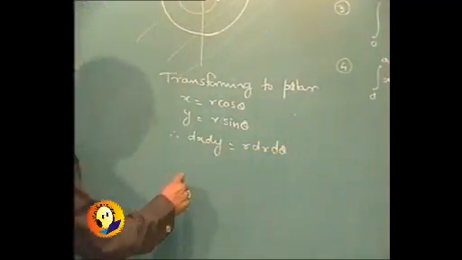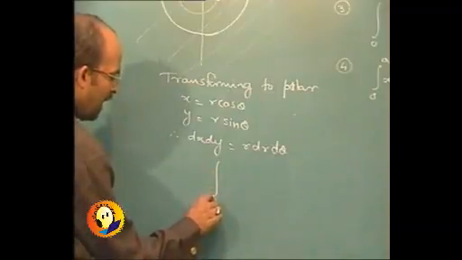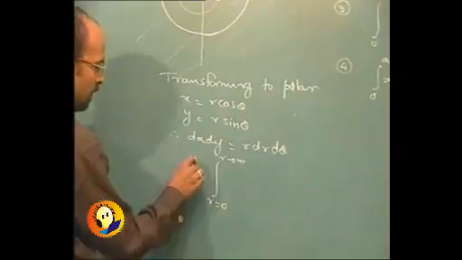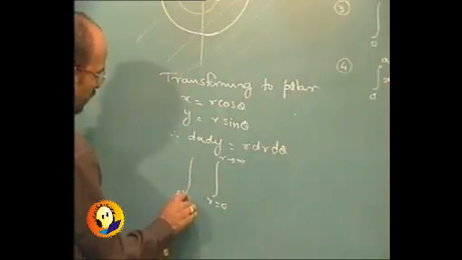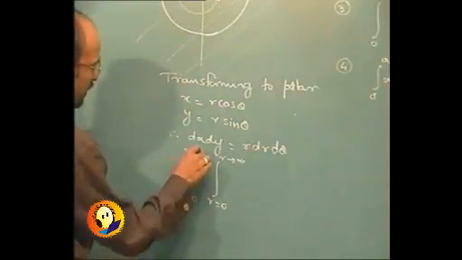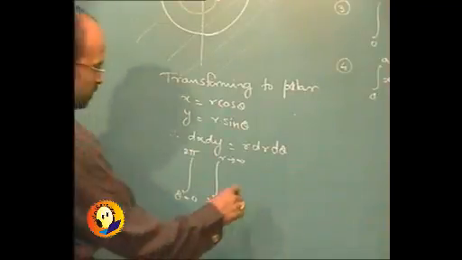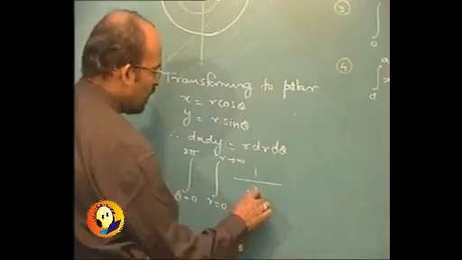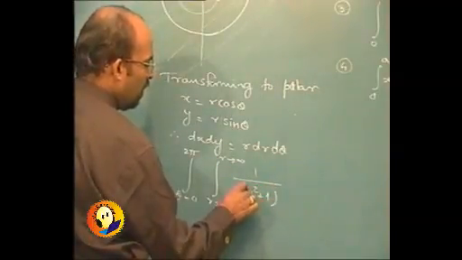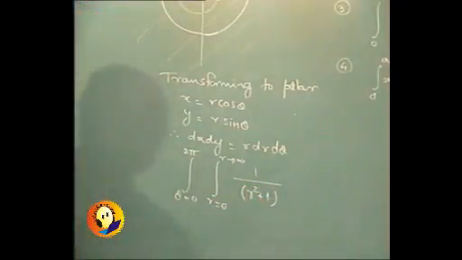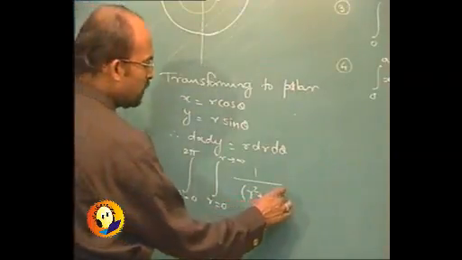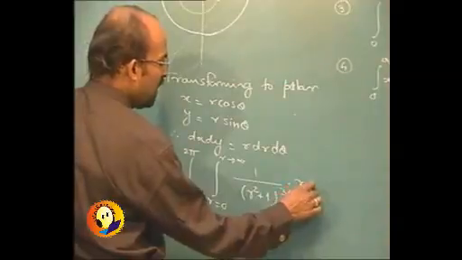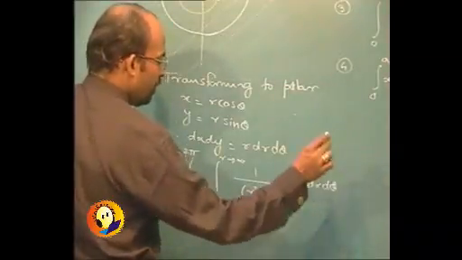The given integral can be written as integral r equal to 0 to r tending to infinity, theta equal to 0 to theta equal to 2 pi, 1 upon x square plus y square means r square plus, originally it is x square plus y square plus 1, so it will be (r square plus 1) raised to 3 by 2 into dx dy is r dr d theta.